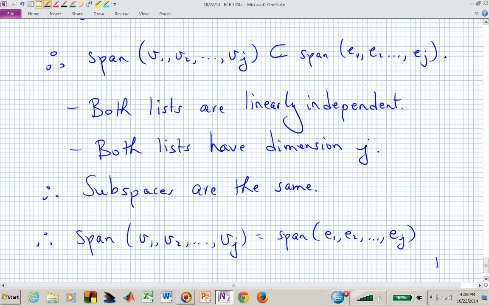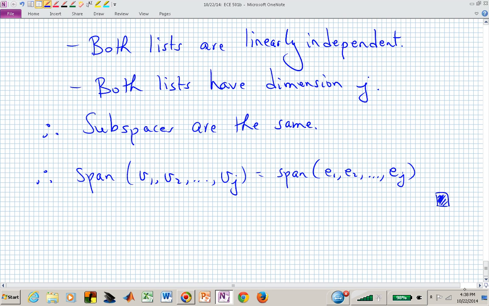So that now they span the same space, and the E's are orthonormal, and now we've created an orthonormal list of vectors from a linearly independent list of vectors.